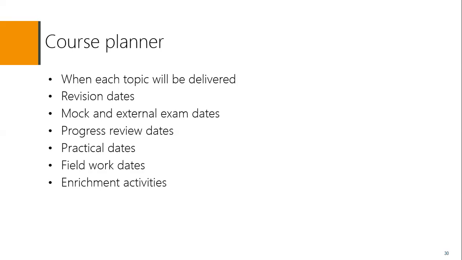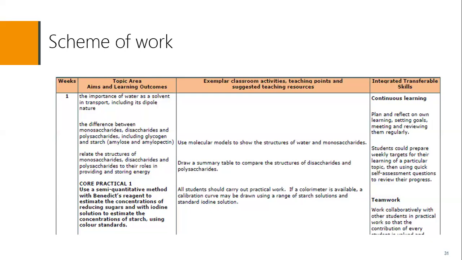Now, Pearson produced a number of published resources, including a scheme of work. This is available on the Pearson website. This is an example of part of the scheme of work with the topic areas that are included. It's not a definitive document.